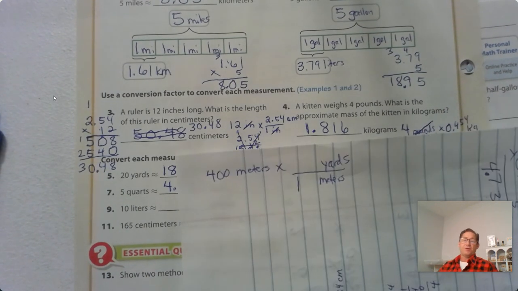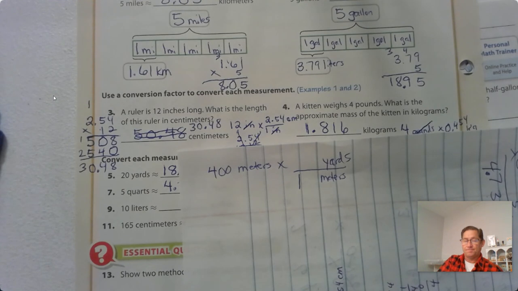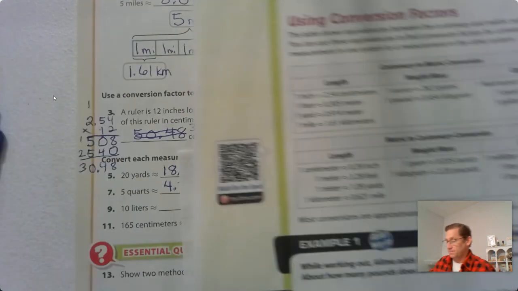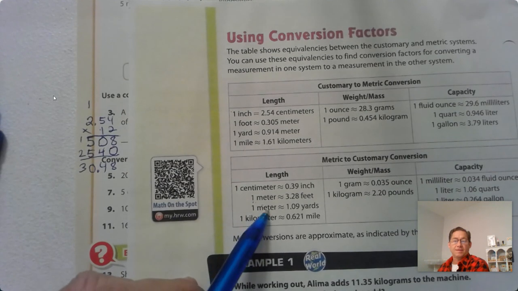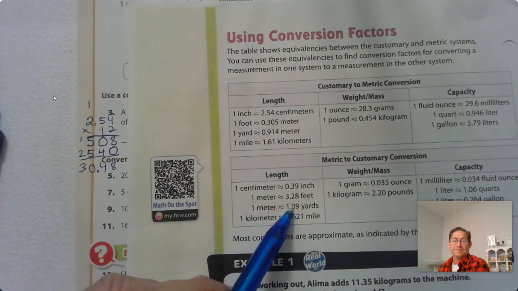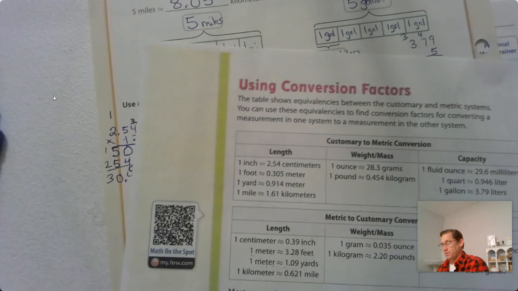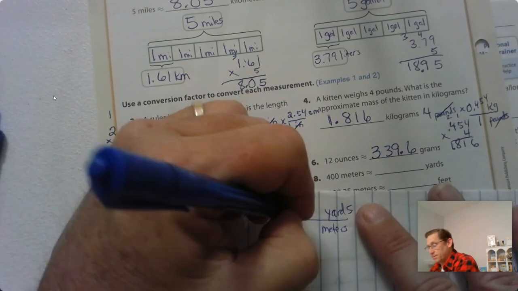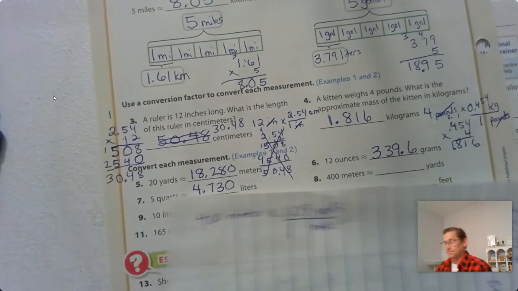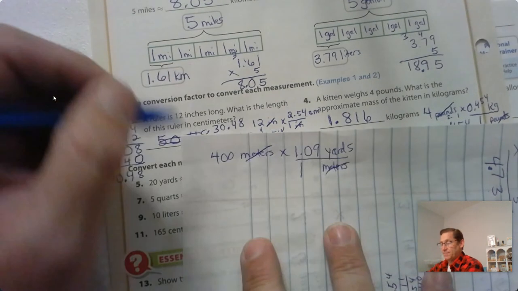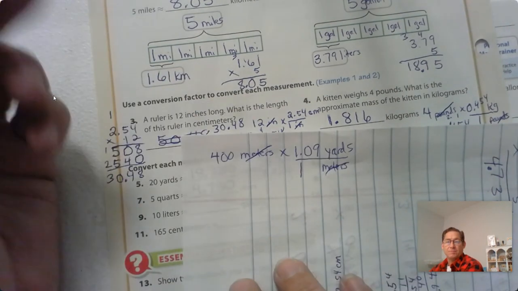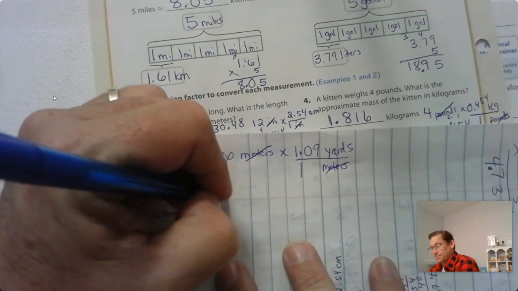So how many yards are in 1 meter? 1 meter is how many yards? 1.09 yards. Okay. Meters will divide out, leaving us with 400 times 1.09.